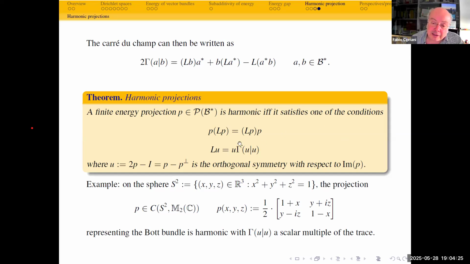The fact that the distribution of the energy of the orthogonal symmetry of the harmonic projection P verifies is a scalar multiple of the trace. We verified it in these situations, but we don't know if there is some general explanation for this.